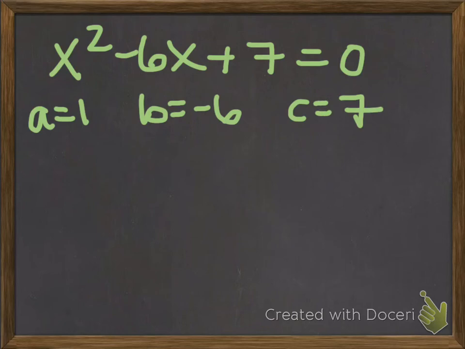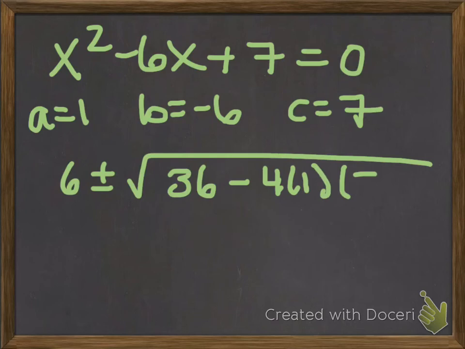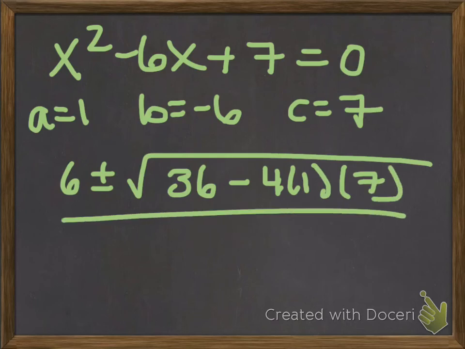First, you take the opposite of B, plus or minus the square root. B squared I'm going to just do right away. I'm not going to say negative 6 squared. Hey, negative 6 times negative 6 is 36. B squared minus 4 times A times C all over 2A. I'm going to pay attention to details.